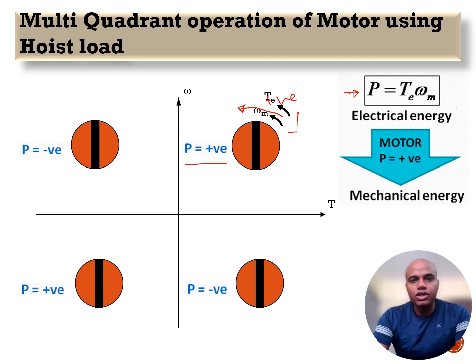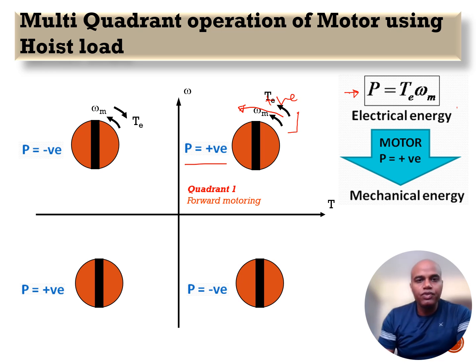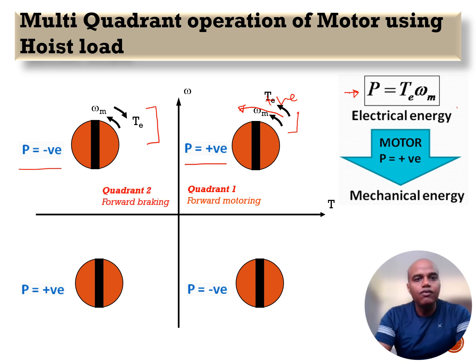This is the first quadrant operation. Whereas in the second quadrant my motor is still running in the same direction, which is again anti-clockwise. However, the torque required to be produced by the motor to fulfill the load is in the reverse direction. So in this second quadrant, the speed remains the same but the torque direction changes, therefore my power also becomes negative, and this is nothing but my forward braking mode.